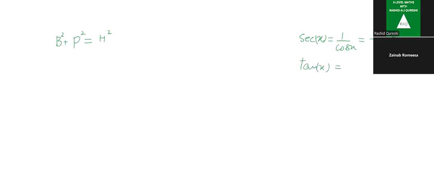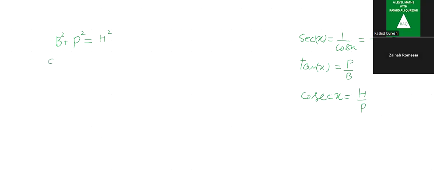Similarly, cosecant is the reciprocal of the sine, and sine is perpendicular upon h, so it becomes h upon perpendicular. Now dividing the whole equation by b square, I have to make a result. The derivation of the result is not in your syllabus.